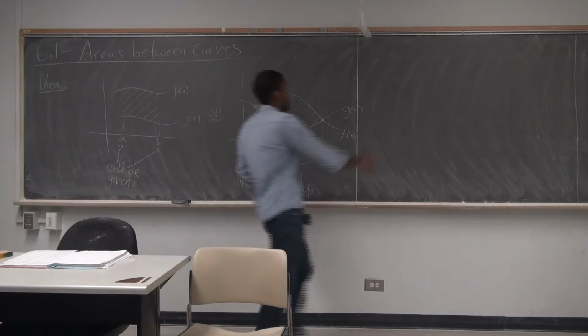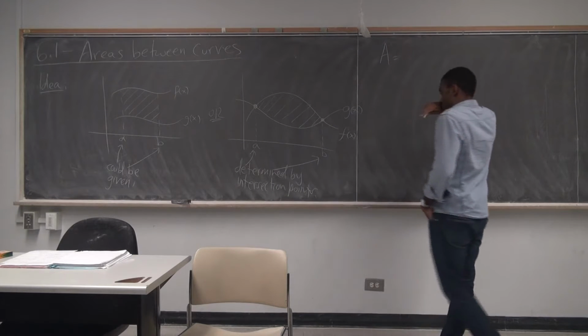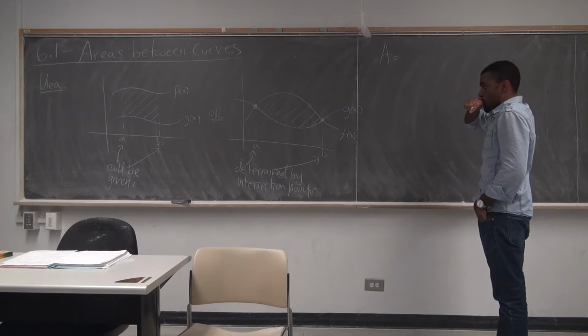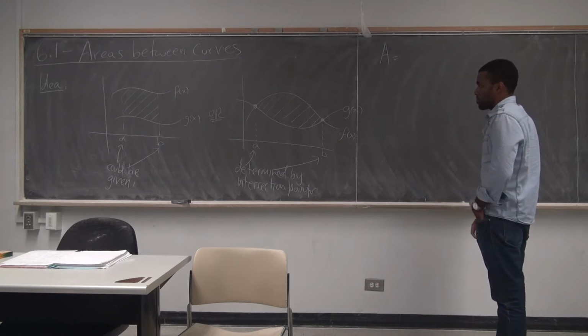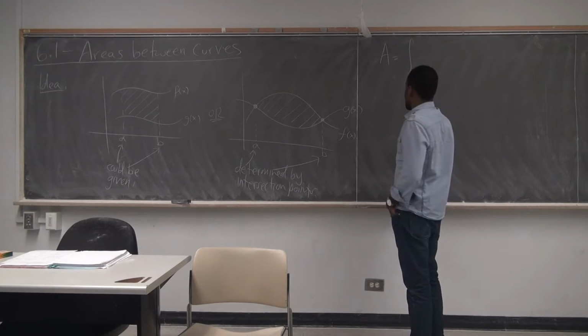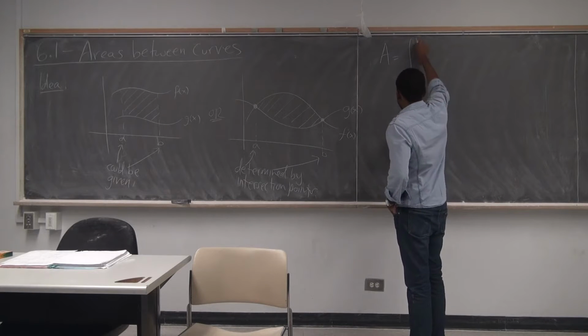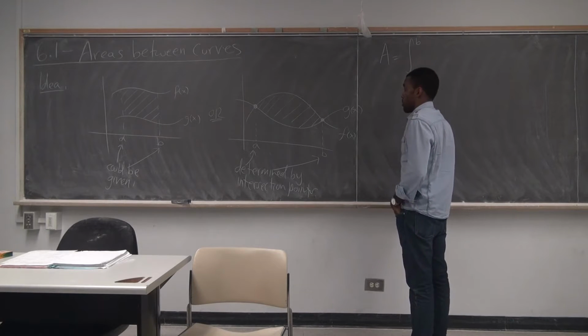So in this case, what did we say the area should be? What's the formula for area? Yeah, the integral, with A on the bottom and B on the top. From A to B of what function?